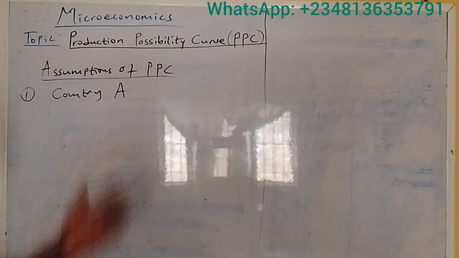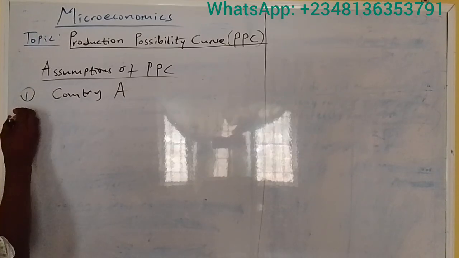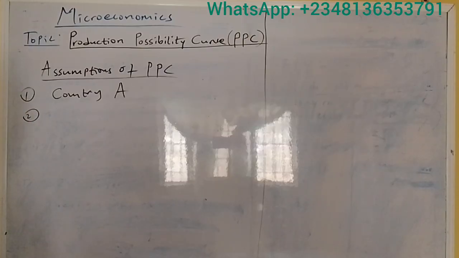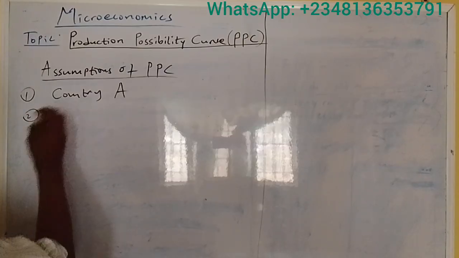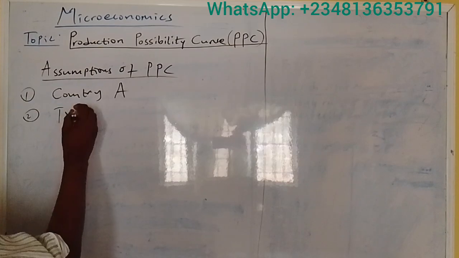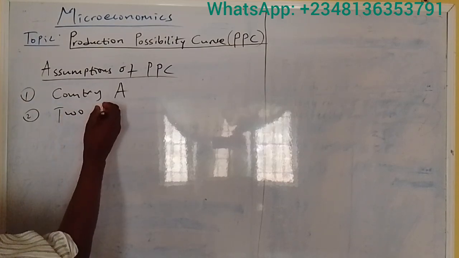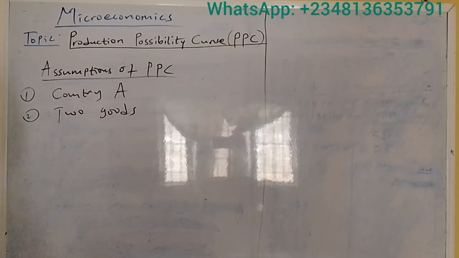We just assume there's a country, and this country only produces two goods.